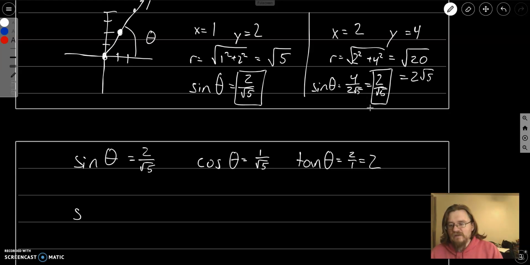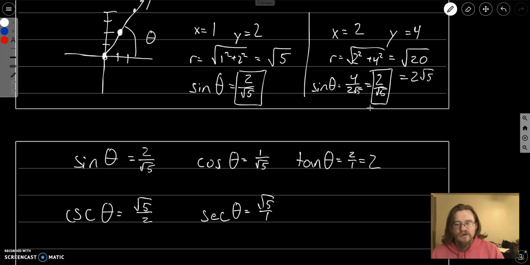We also have the cosecant, which is going to be the reciprocal of this, so this is going to be the square root of 5 over 2. We've got the secant, which is going to be the square root of 5 divided by 1, which is in fact just the square root of 5. Nice. And the cotangent, which would be 1 divided by 2.